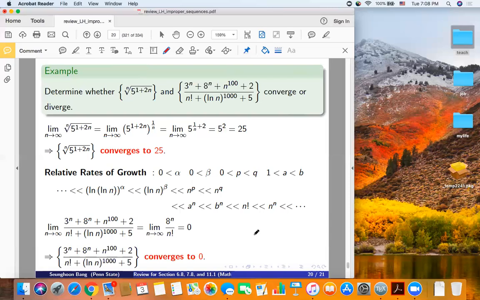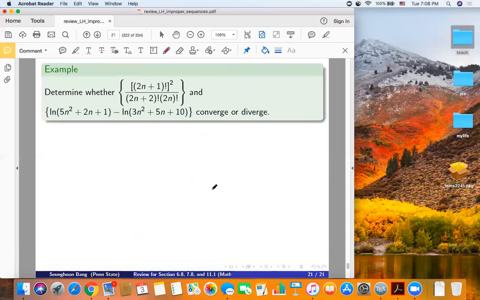Right? The next one. The top one. How can you solve this one? Do you know this? 5 factorial is 5 times 4 times 3 times 2 times 1. Don't use a ratio test. This is not a series, it is a sequence.